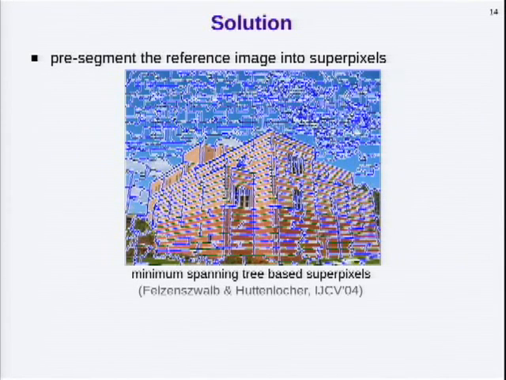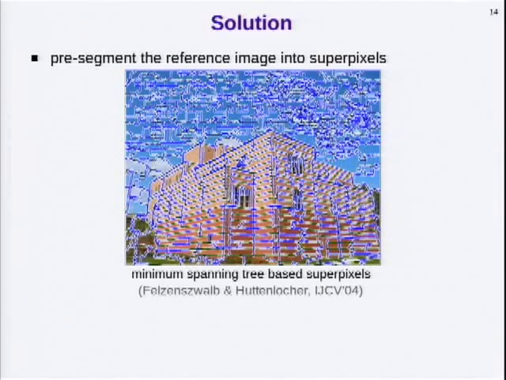The superpixels, as you see, usually follow the image gradient, and they are inside somehow consistent in color. For this purpose, we use the minimum spanning tree-based superpixel method, and we ended up with such a presegmentation image, so you can control the size of the superpixels.